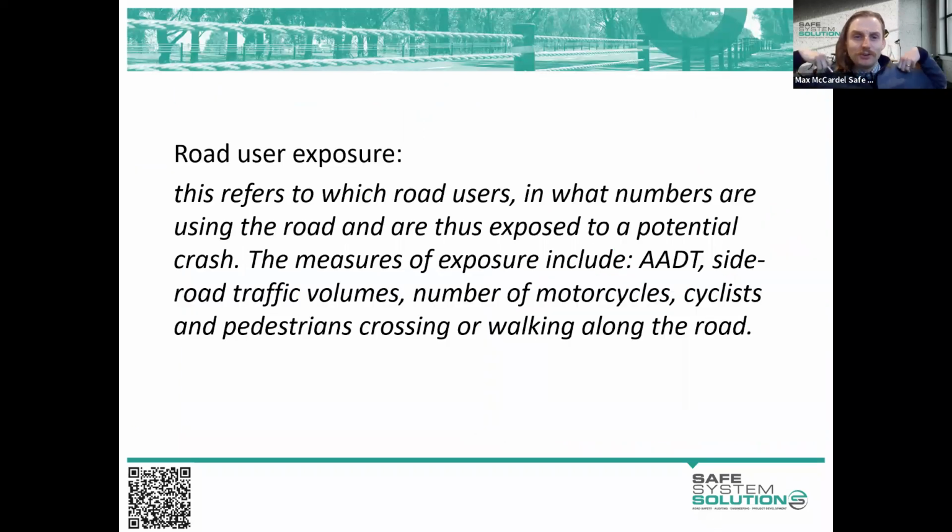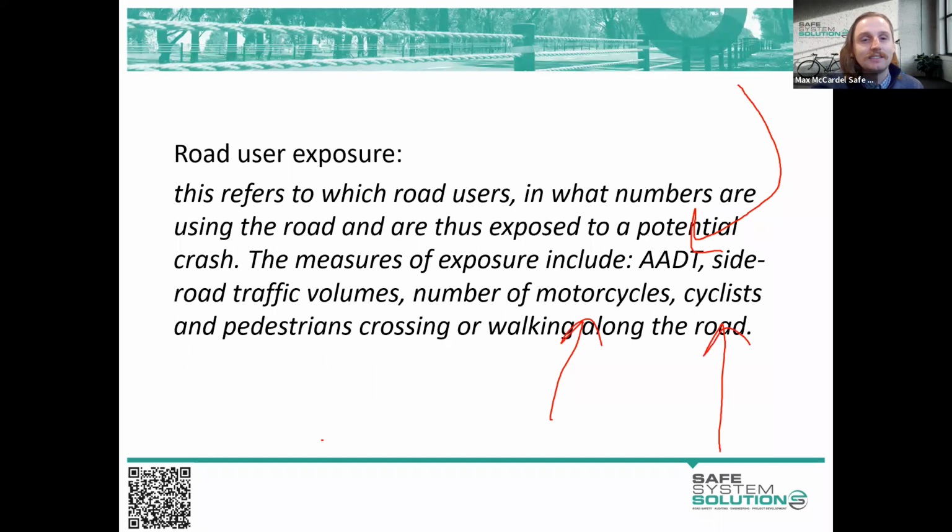Road user exposure refers to what numbers of road users are actually using that section of road that you're looking at, and thus the risk of being exposed to a crash. So when we think of exposure, always think about your AADT, or your annual average daily traffic, so the number of vehicles heading through there. When you're thinking about vulnerable road users, think about how many motorcyclists would you have in there?